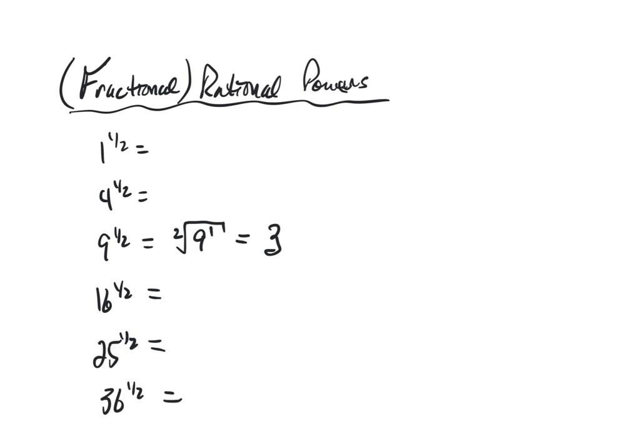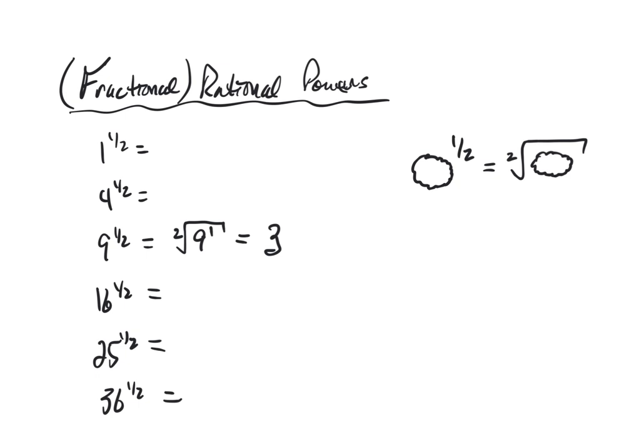So what I'm telling you is anything raised to the 1/2 power is equivalent to the square root of that thing. Anything to the 1/2 power is the same as the square root of whatever that is. Okay?